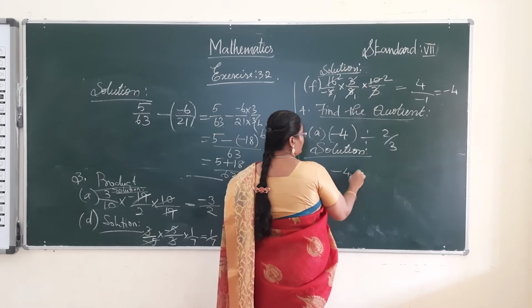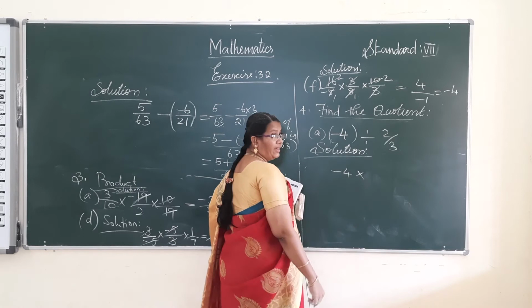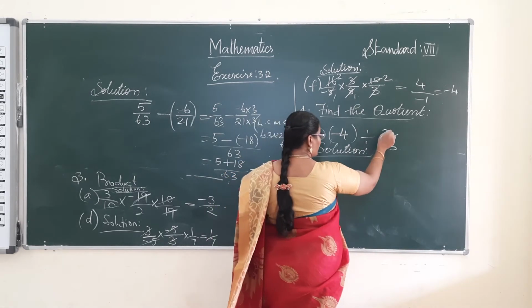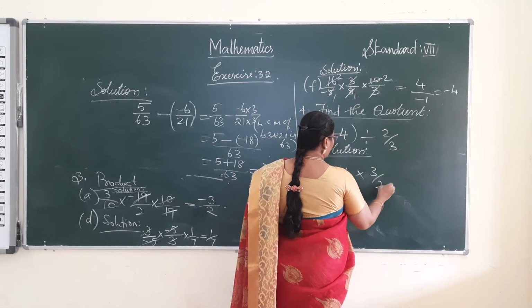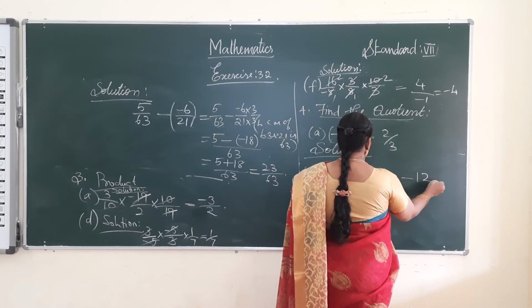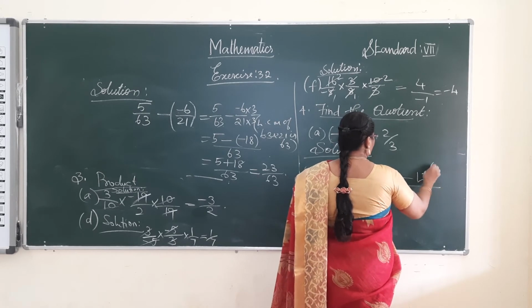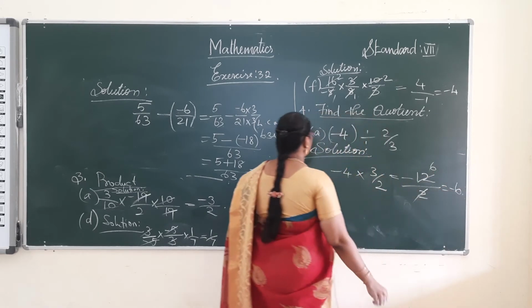So minus 4, change the operation, and write the next fraction as its reciprocal. The reciprocal of 2 by 3 is 3 by 2. Now multiply the numerators: minus 4 into 3, minus 12. 4 3s are 12 by 2. It cancels in 2 table: 6. So the answer is minus 6.